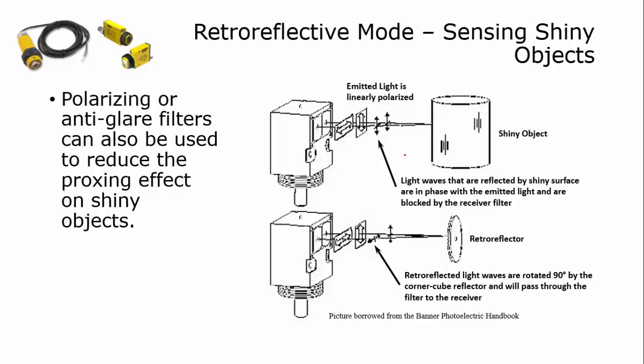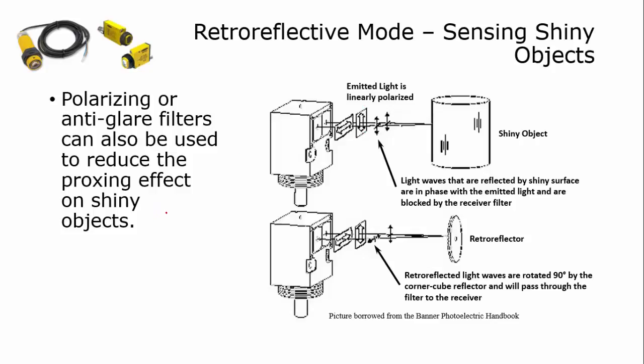There's also a thing when you're doing shiny objects called polarizing filters. And I will be honest with you, I do not understand light polarity, but I can explain it. So if you look at this particular set of sensors here, we have what's called a vertical filter and a horizontal filter.